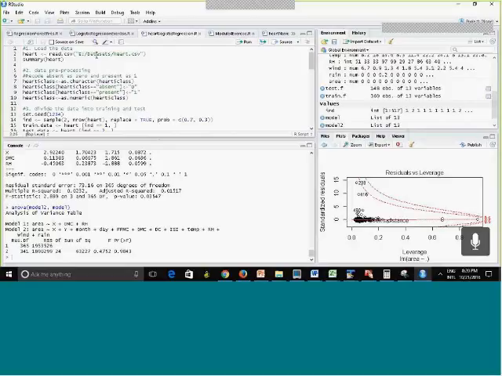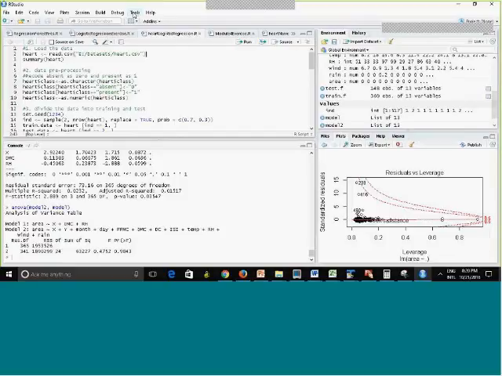I'm going to predict if an individual has a likelihood of a heart attack. I'm going to have only two values of the dependent variable, yes or no, right?